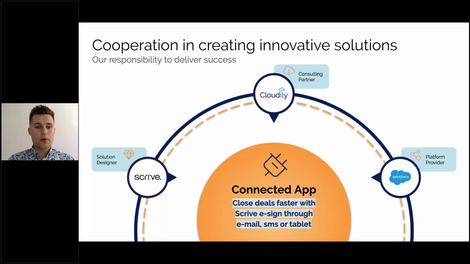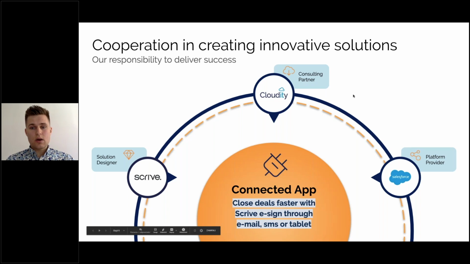Only through this strong cooperation are we able to develop a strong solution, bringing success to our customers, and it's very important for us. As you can see, the combination of our knowledge, experience, and hard work from all three companies was the key to opening the door to the e-signing world for new users in Salesforce via a connected app.